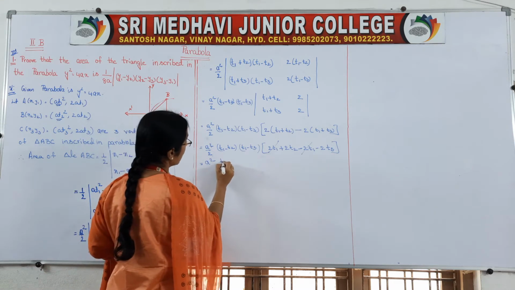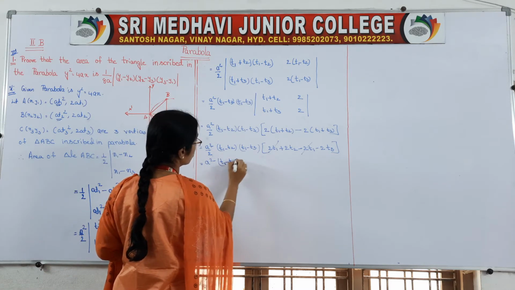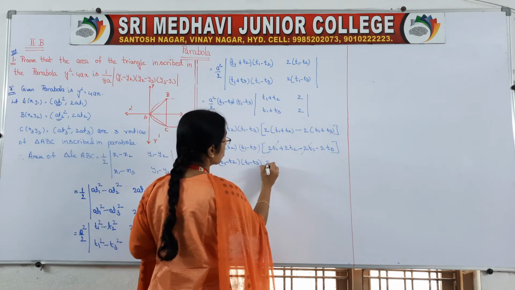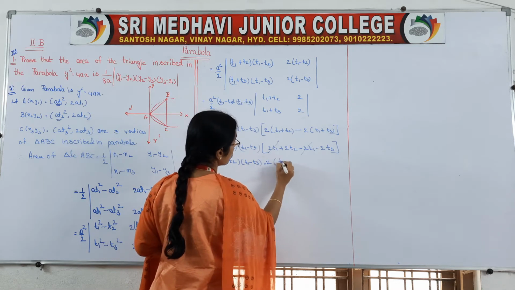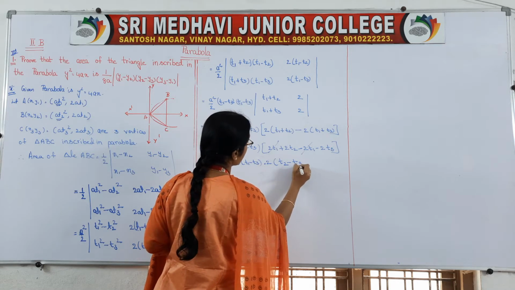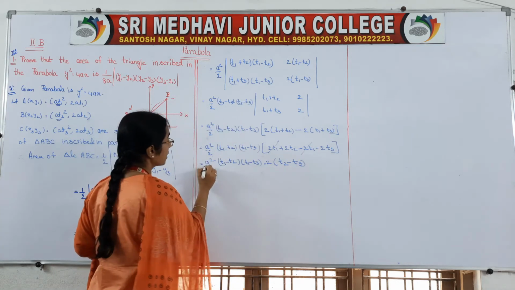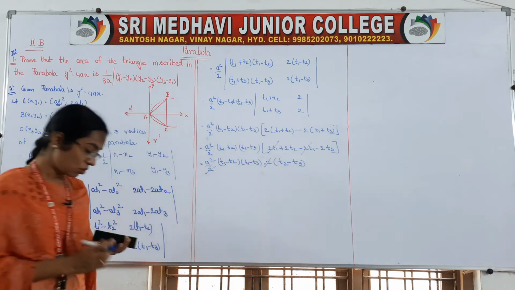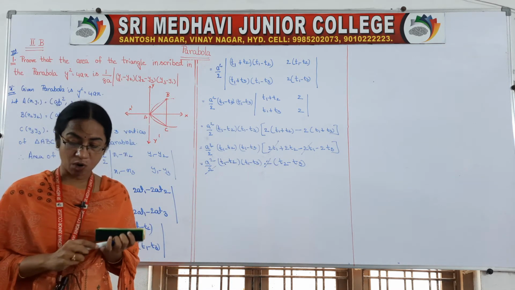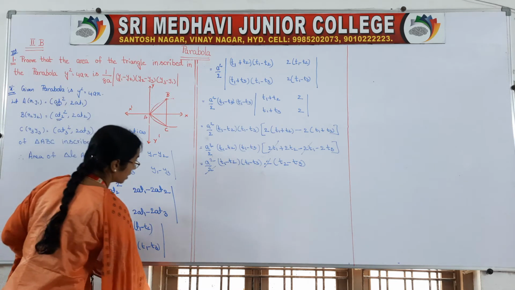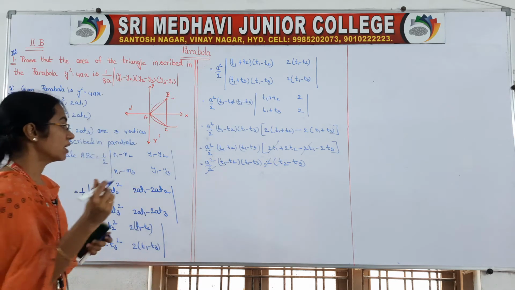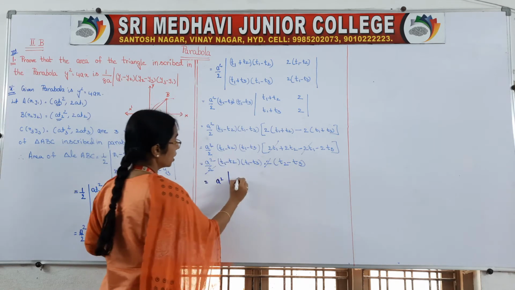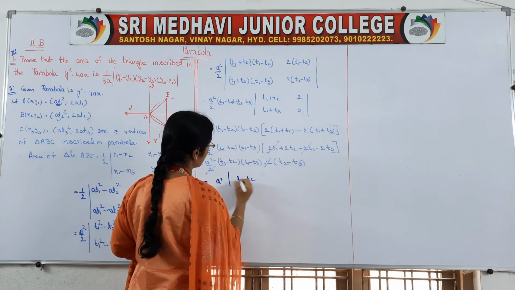So a square t1 minus t2 t1 minus t3 and 2 is taken common, so it is t2 minus t3, right? Here by 2 is there, 2 cancel. So area means we'll take modulus of, isn't it? So we will take a modulus, right? So is equal to a square into t1 minus t2.